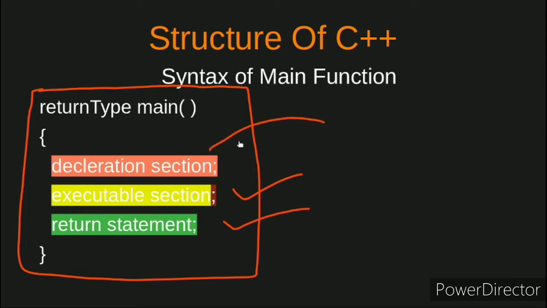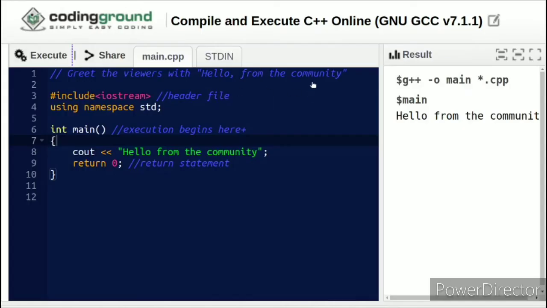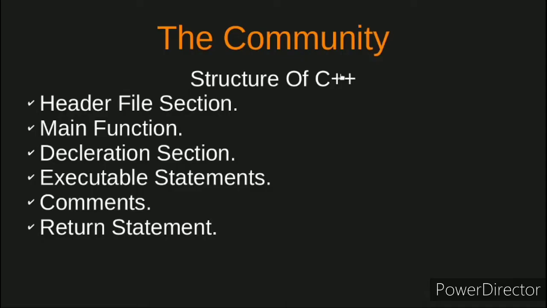The declaration section is where you declare variables and constants, and this is something that we will discuss in the next video. So as of now, in this simple program which greets the user with the message hello from the community, we have seen that it comprises a header file section, and then a main function inside which we have executable statements and a return statement.